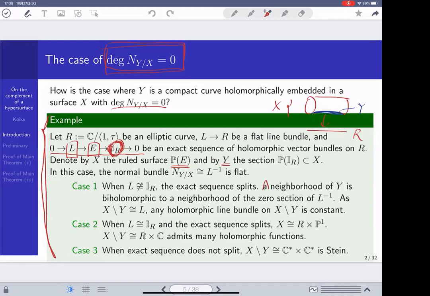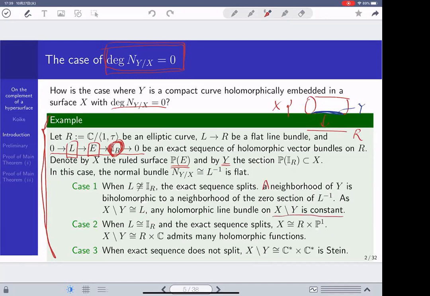And any holomorphic line bundle on X minus Y is constant because L admits a natural holomorphic foliation, which corresponds to the unitary representation of the fundamental group of R. And in some sense, it is ergodic, which means that L admits many Levi-flat hypersurfaces such that any leaf is dense.